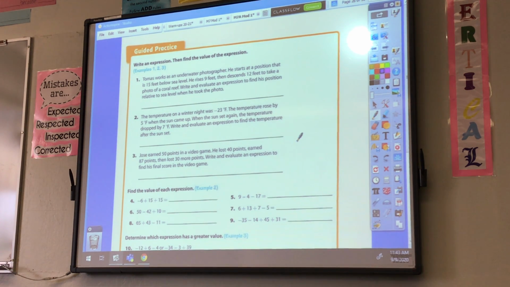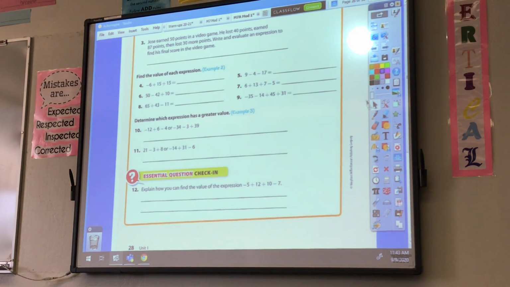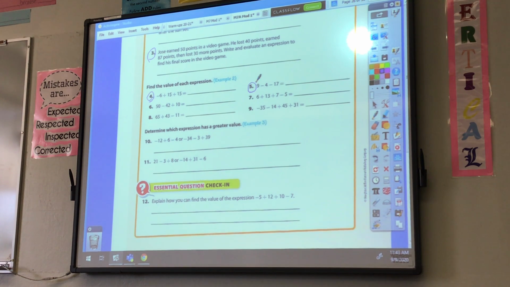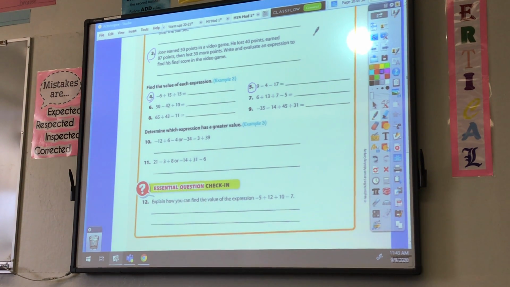All right, before the bell rings, I'd like you to do number 3 here on the guided practice. And then if you finish 3, I want you to try 4 and 5. What I want you to remember to do is, first of all, write your signs out, or choose your numbers, whether they're positive or negative.